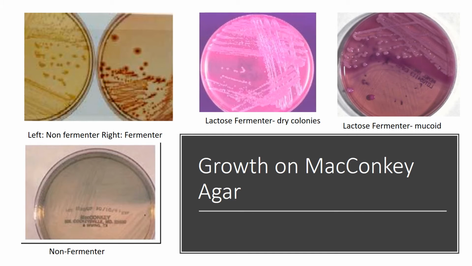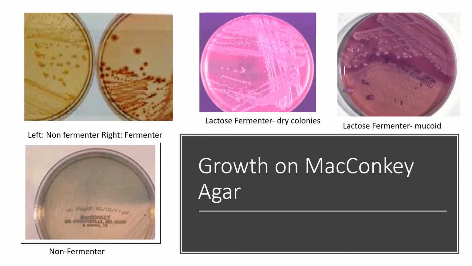Pseudomonas aeruginosa is of course a non-fermenter at all. So it is a non-lactose fermenter. In addition, it does not ferment any other carbohydrate because it has a very different metabolic process. So on the upper left, you have a non-fermenter, and the right would be a fermenter.